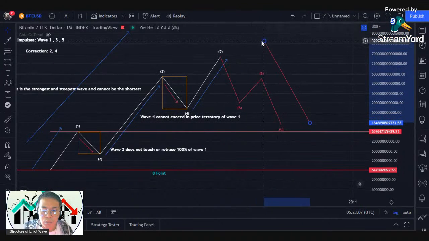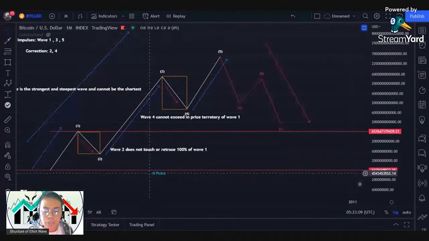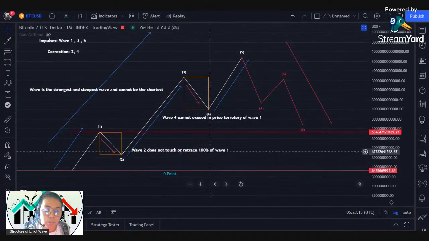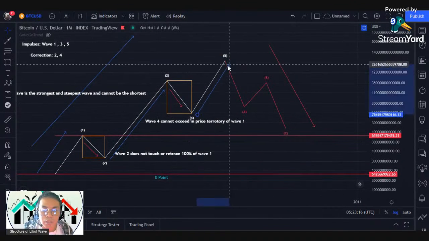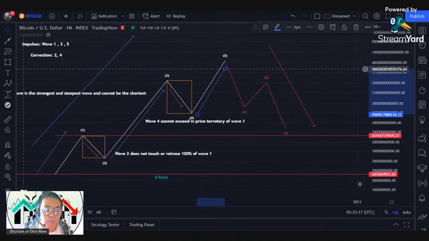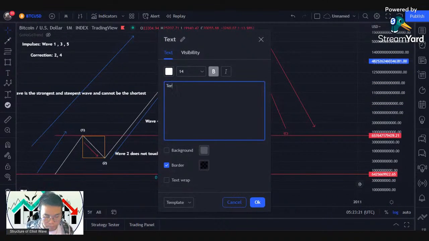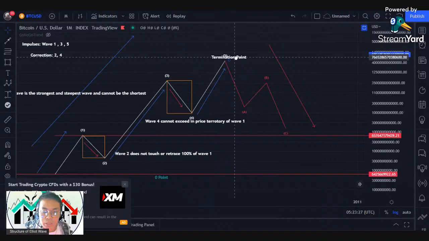Okay, so if the lowest point is what we call point zero, or the start of the market, here in wave 5 we call it the termination point. Point T, what we call point T here.